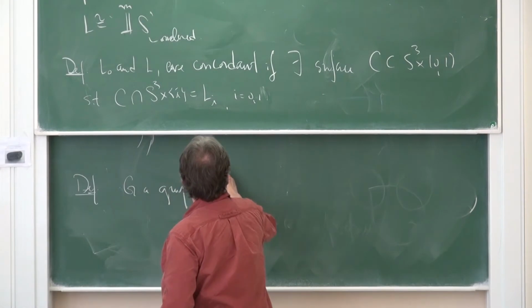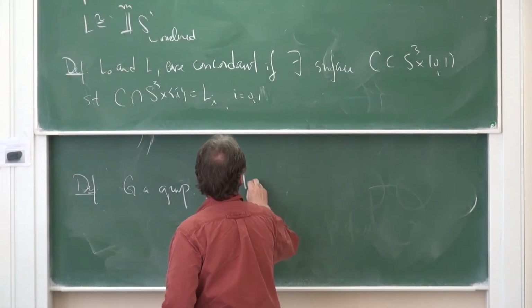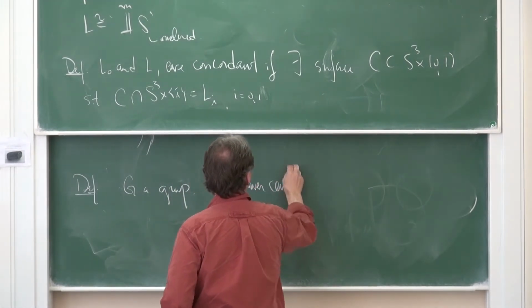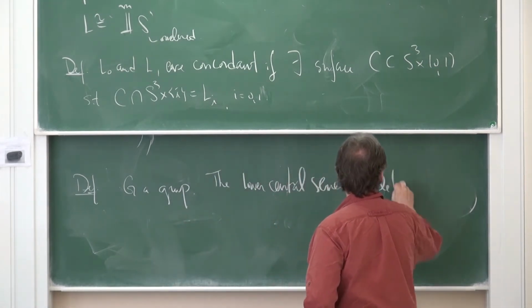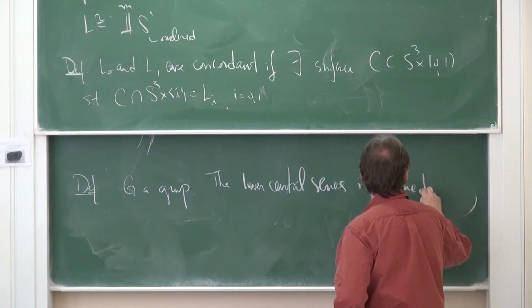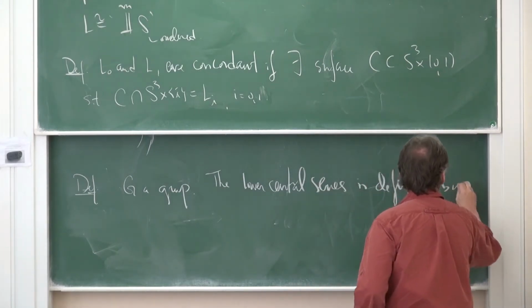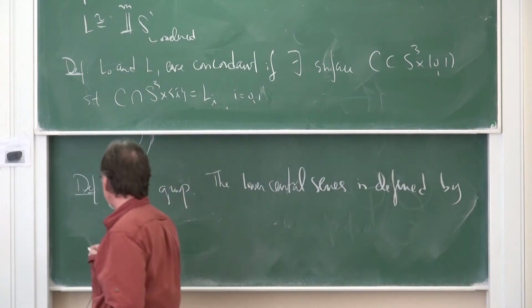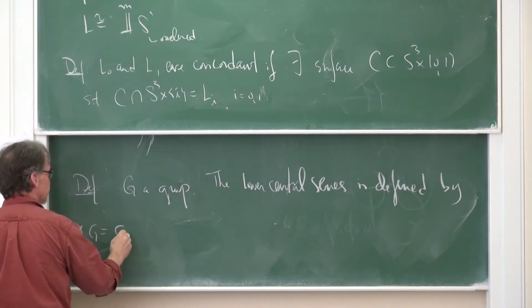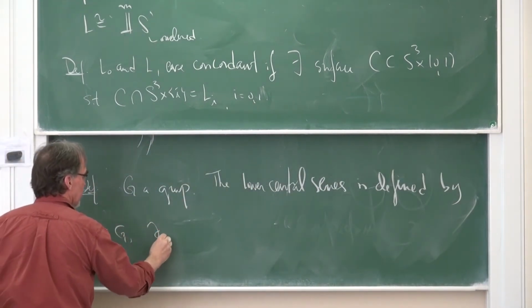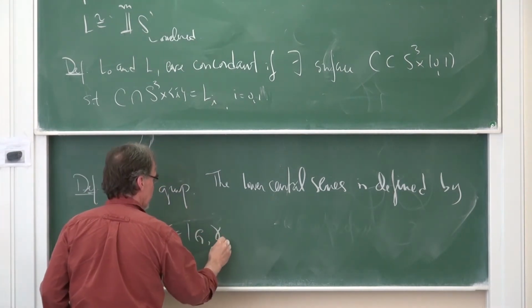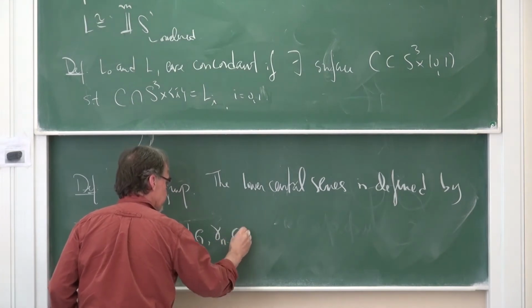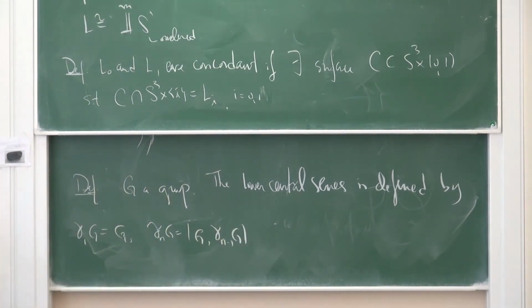Then the lower central series is defined by a sequence of normal subgroups: gamma 1 of G is just G, and gamma n of G will be what I get by taking the commutators of G and gamma n minus 1 of G.